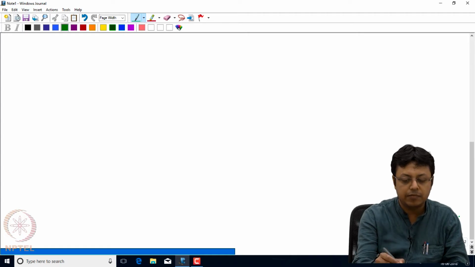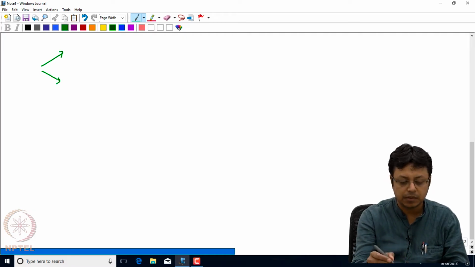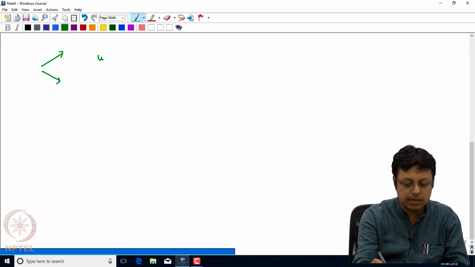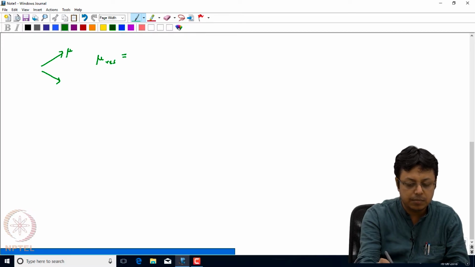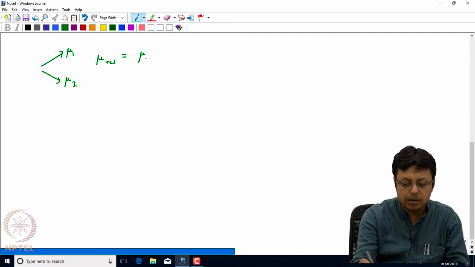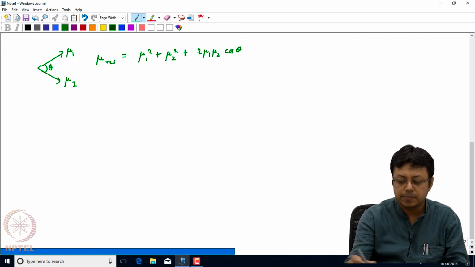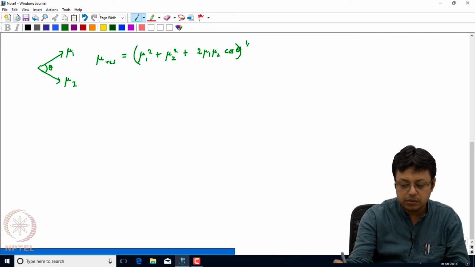So for example, if I have two permanent dipoles inside a molecule, which you can think of as bond moments, suppose this is mu1 and this I call mu2, then the magnitude of the resultant dipole moment will be the square root of mu1 square plus mu2 square plus 2 mu1 mu2 cosine theta, where theta is the angle between the two dipole moments, and we are talking about only the magnitude.